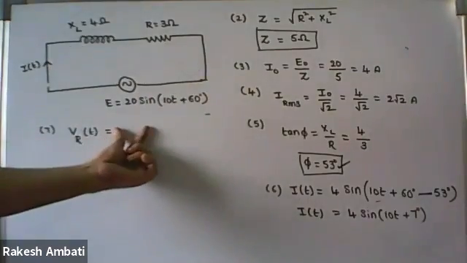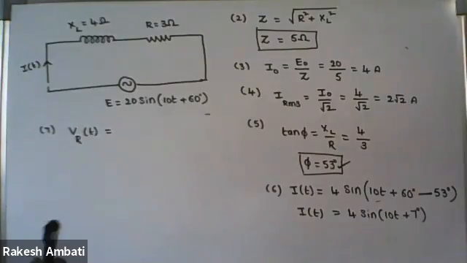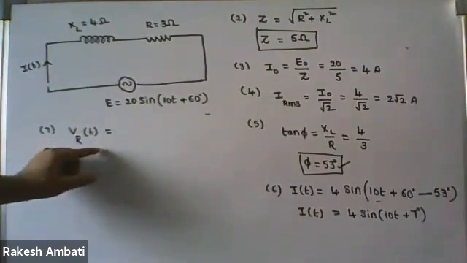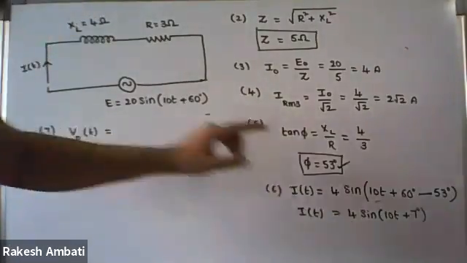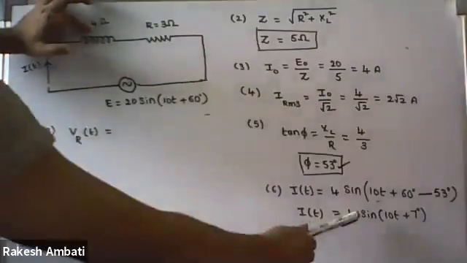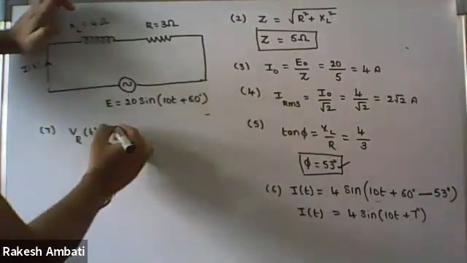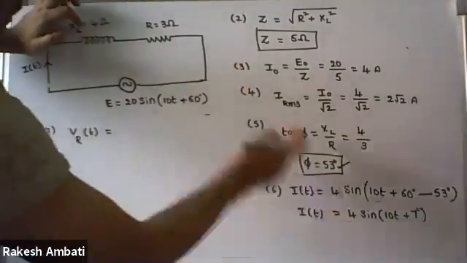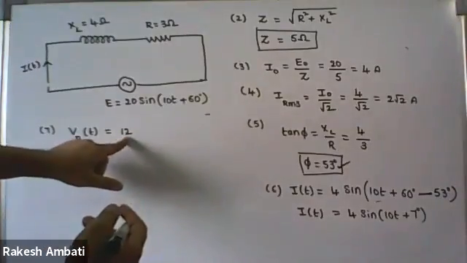But in the place of V naught, what do we write? I naught into R. So 4 into 3, 12. The V naught value is completed.